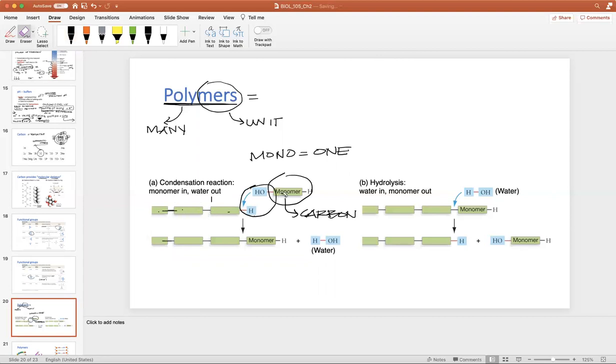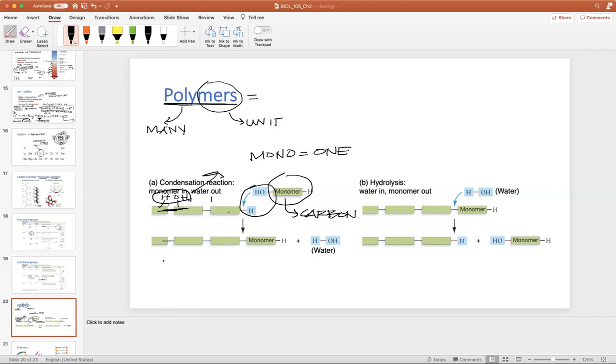Okay. So you see how you have an OH on this end and an H on that end? Let me draw that here. We have an H on one end and an OH on another. And if we want to link them together, we take those off. That gets lost as water and a bond is formed between these two, okay?